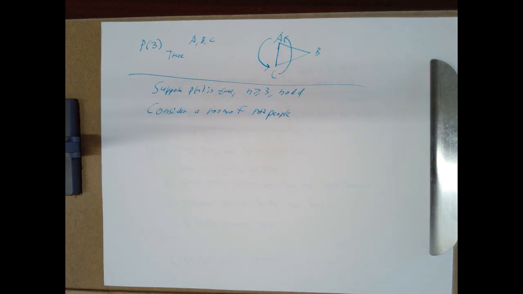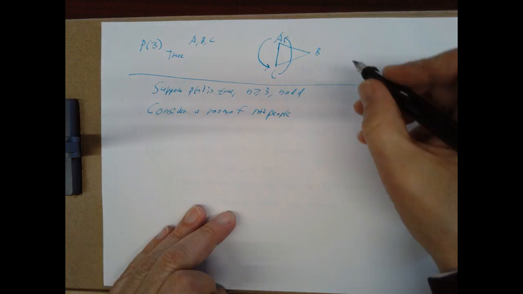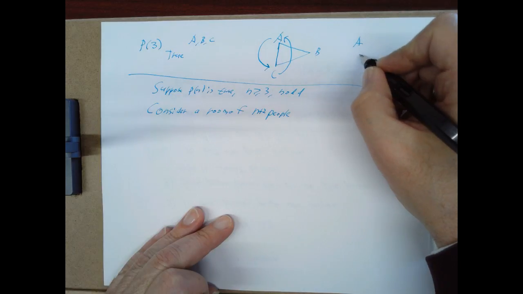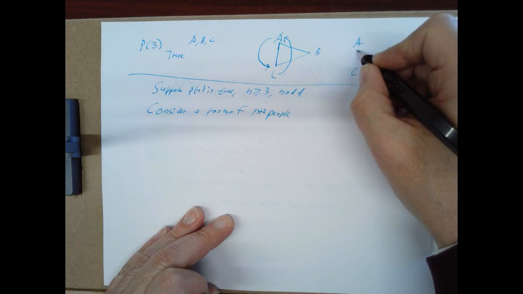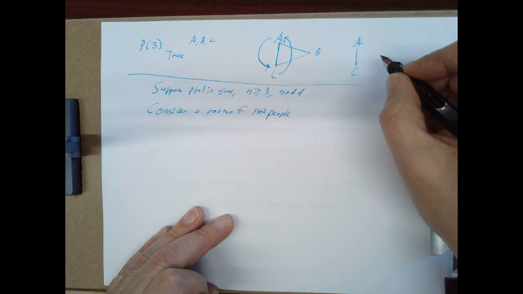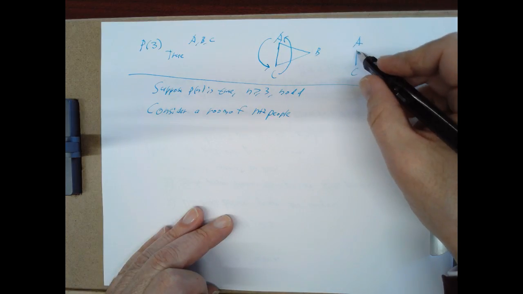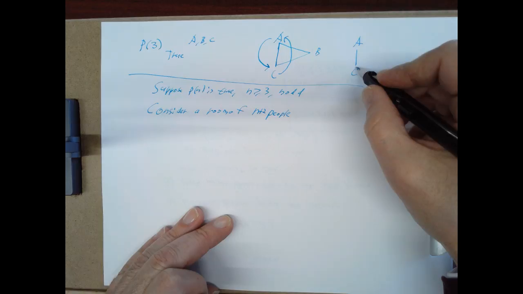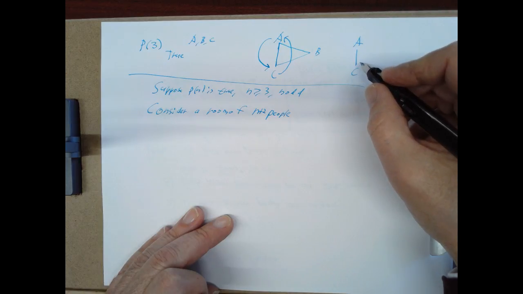Yes? When we're proving the base case, do we also have to provide a scenario when A is closest to C, but B is closest to A? Let's see. But B is, you want it closer to A than C, or do you want it closer than this distance? Like a triangle with an obtuse angle?